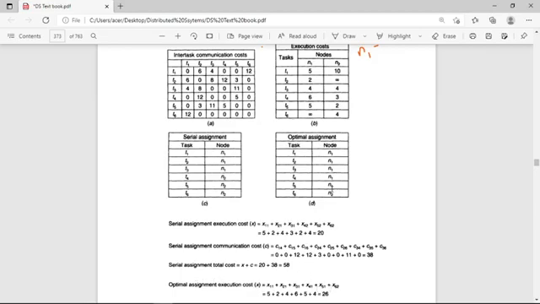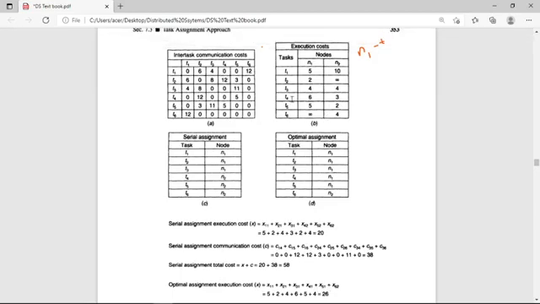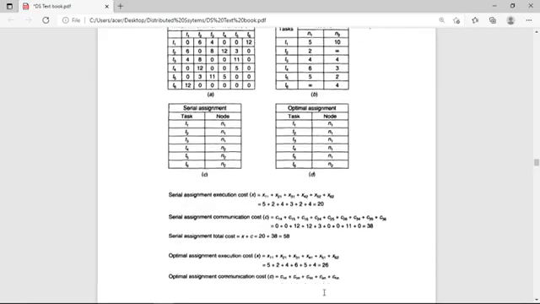See here, these execution costs are used, up to here, 5 plus 2 plus 4, because they are nodes assigned to N1: 5, 2, 4. And again the execution cost for T4 is 6, T5 is 5. As it is infinity here, T6 is assigned to node 2, that is 4. Here the execution cost is 26.